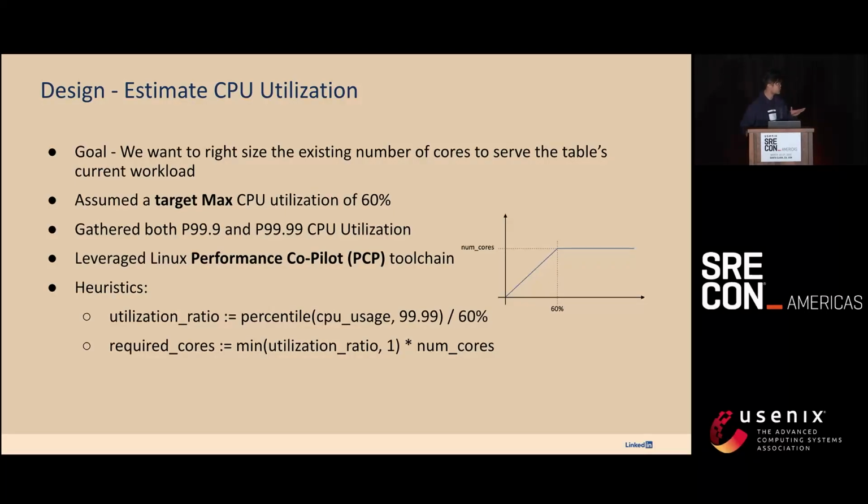We want to scale down the number of cores if it has utilization below a threshold. Here we take that threshold as 60%, meaning that if the total CPU utilization is below 60%, we scale down the number of cores so that we get a reasonable utilization rate while we still leave 40% of headroom for organic growth.